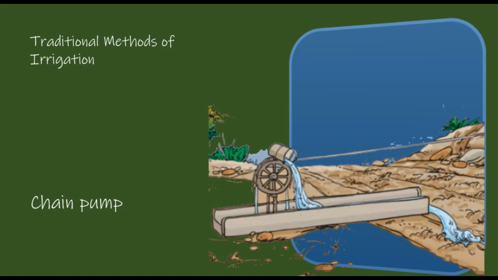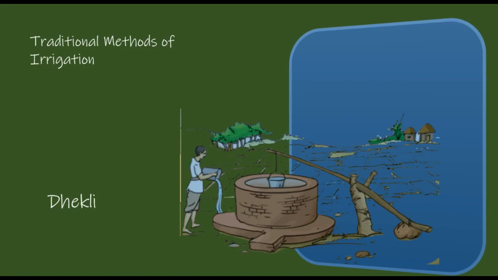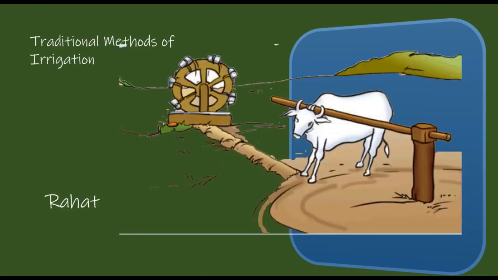Heavy weights were made use of to lift the water from the well. There was a method which was followed called rahat. Animals were made use of to get the water from the well.